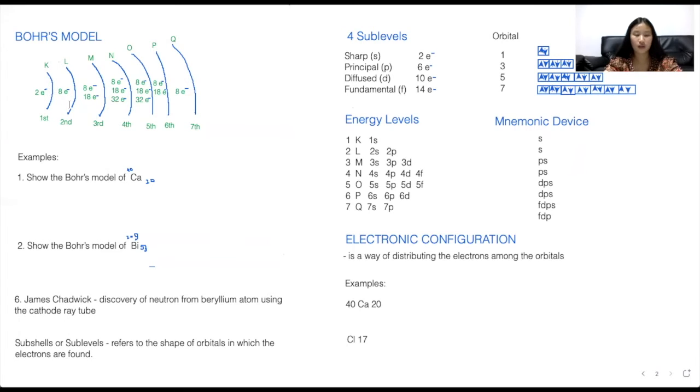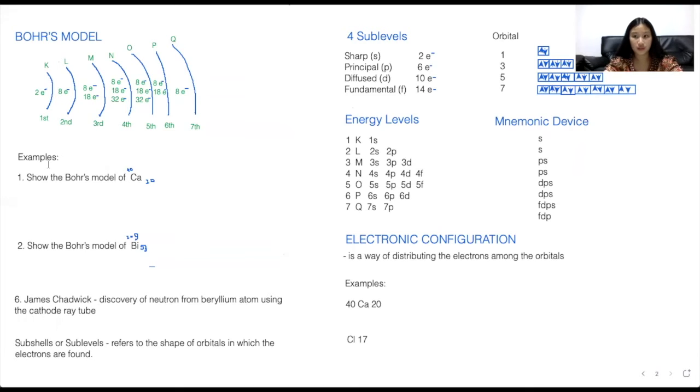The second shell can hold only 8 electrons. The third one can only hold up to 18 electrons. The fourth one, 32 electrons. Same goes for the fifth one. And for the sixth one, back to 18 electrons. And the last one can only hold 8 electrons.